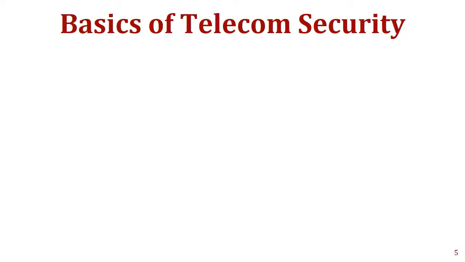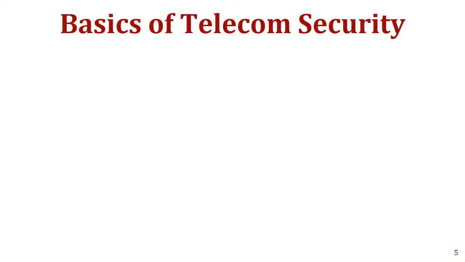Now let's take a look at the basics of telecommunication security. First, to understand the security for telecommunication systems, we need to understand the different security concerns from the different players. For example, in the mobile ecosystem, we have the mobile users, the carriers, and the governments, several different players in the ecosystem.